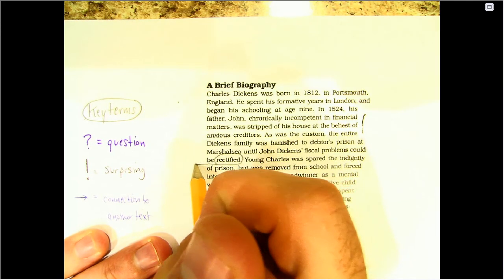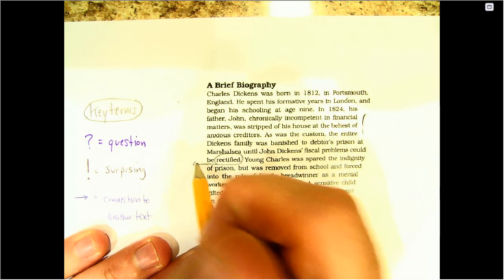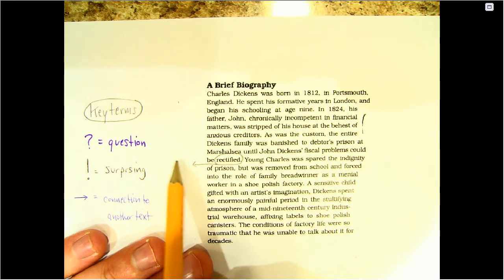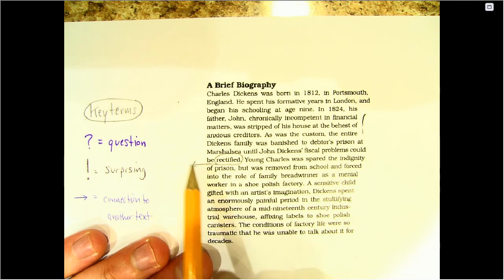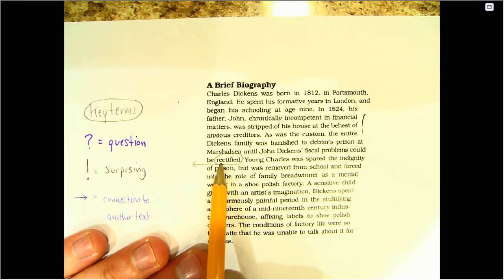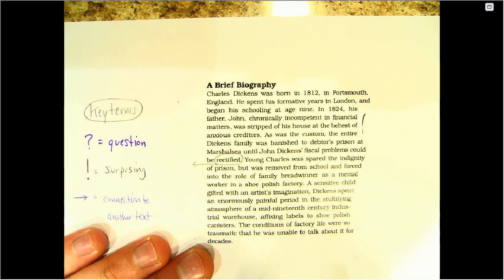So I would circle it and I would draw an arrow to a margin, and this area would then be used to write a definition. You can Google the word, you can look it up another way, and write your own little definition about what that word means, again, to better understand the word and the text.